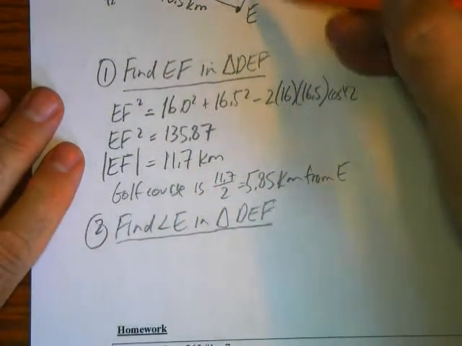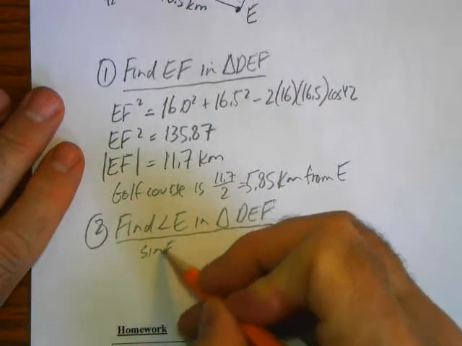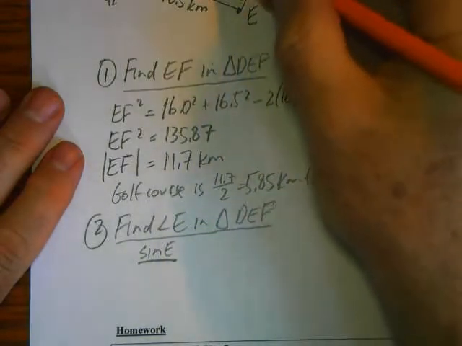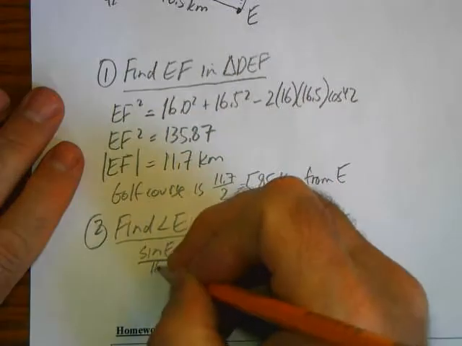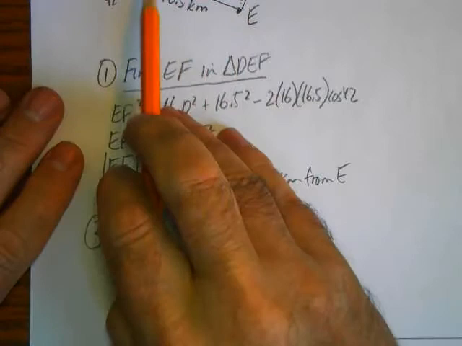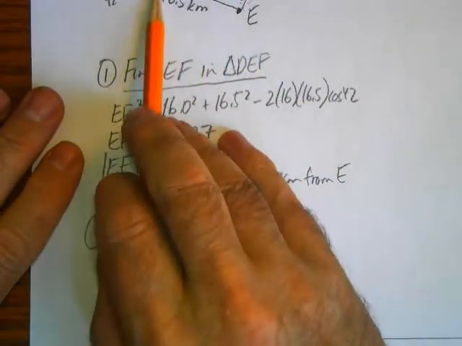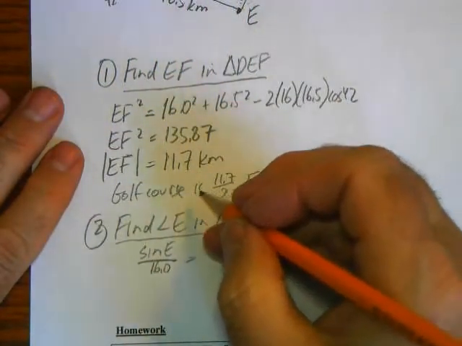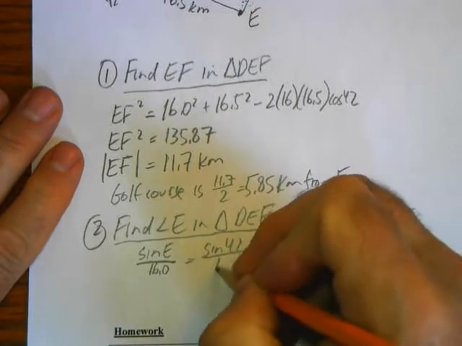So if I want that angle E, it's going to start off with sine E over the opposite side, which is 16.0, is equal to, and then the side that I actually know, side angle combination, would be the angle of 42 and this length of 11.7. So it'll be sine 42 over 11.7.